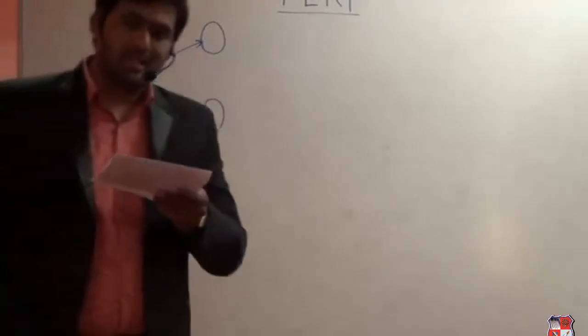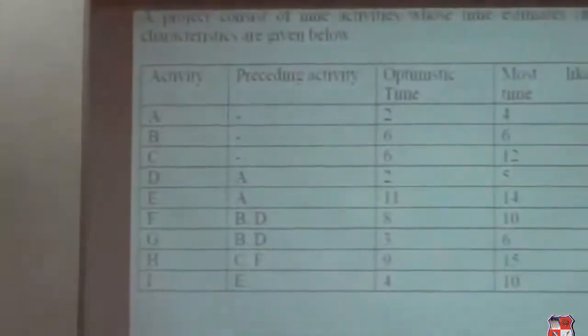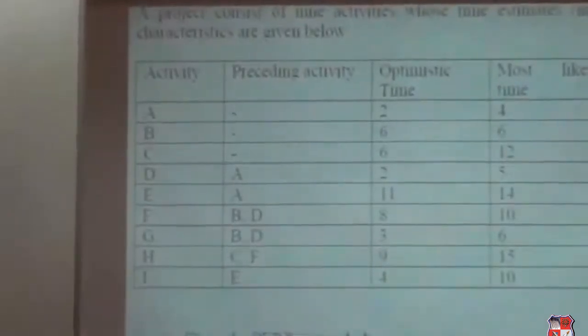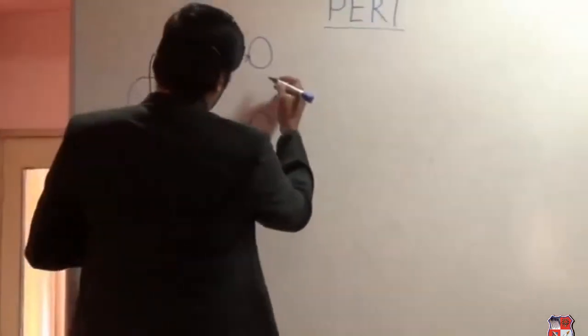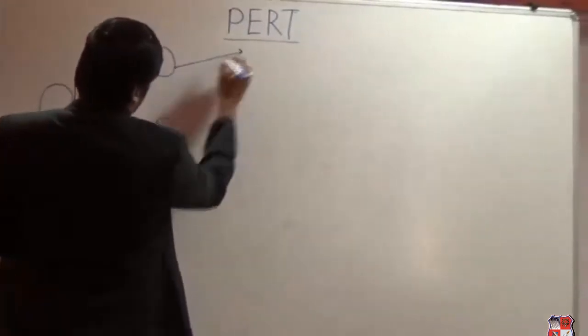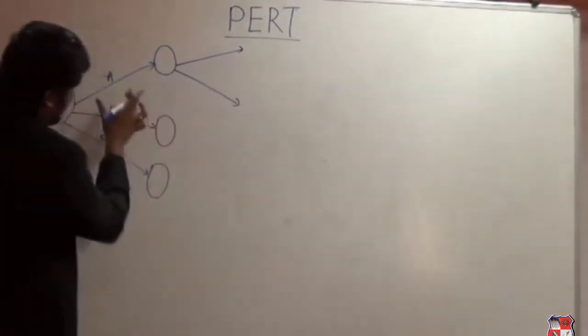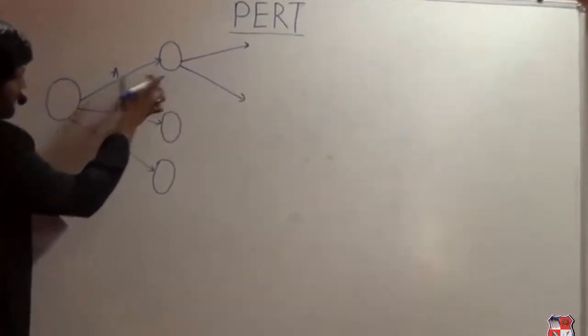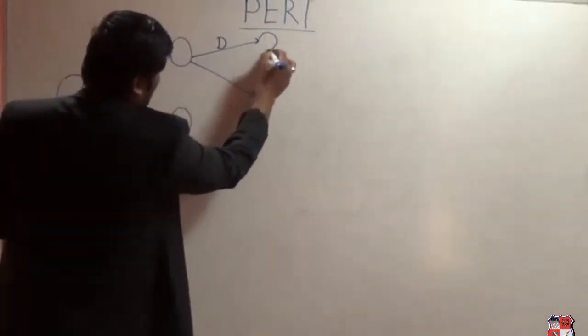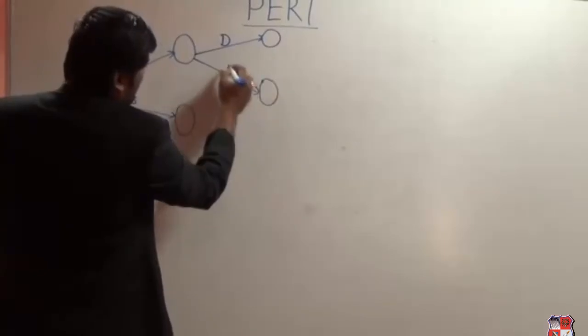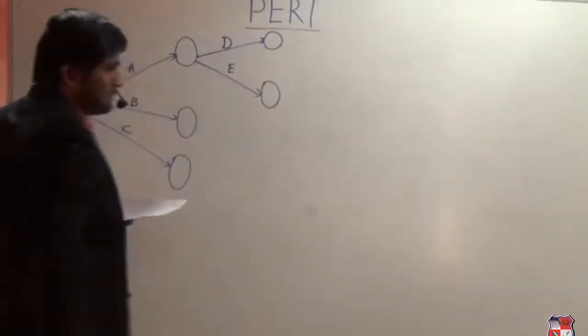Now, after that in a sequence, that is D, and then E. For both the activities D and E, the precedence is A. That means from A we are having 2 activities, D and E. So after A we are having 2 arrows, one for activity D and the other for activity E.